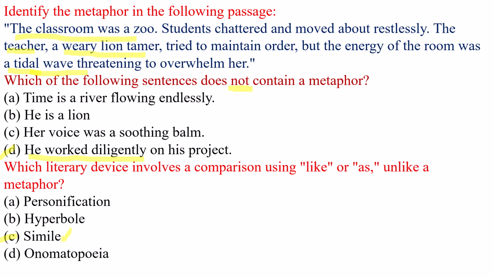Personification is giving human characteristics to non-human entities. Next, hyperbole. Hyperbole is exaggerating the statements. Onomatopoeia is sounds, like buzz. So the correct answer is simile.